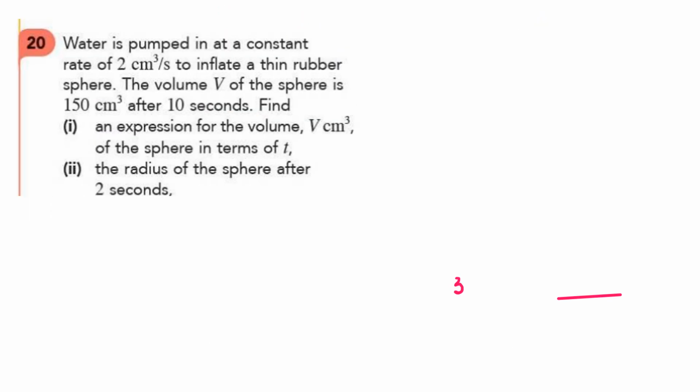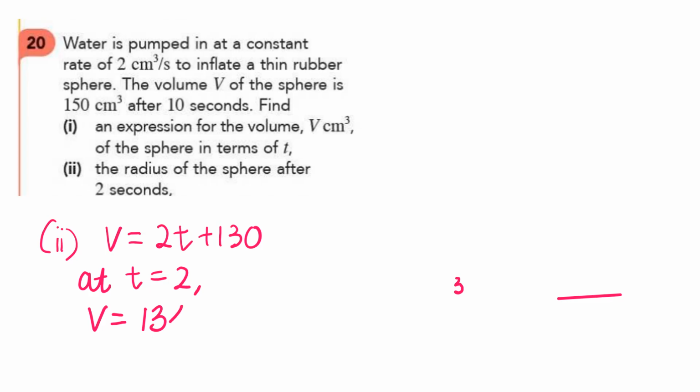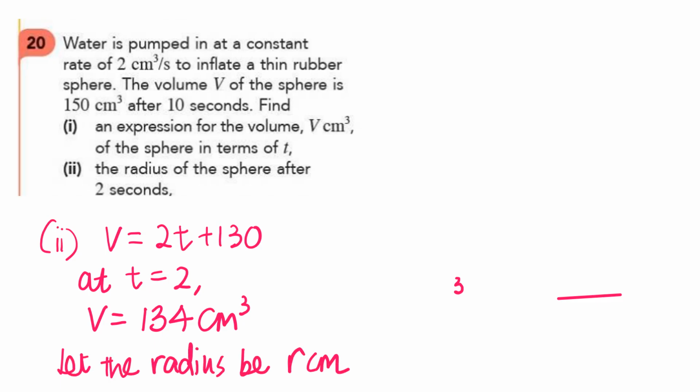Okay, part 2, find the radius of the sphere after 2 seconds. So this is our formula, right? Oh, at 2 seconds, sorry, so we can find the volume first. Yes, so we let the radius be r. What is another formula to find the volume of a sphere?